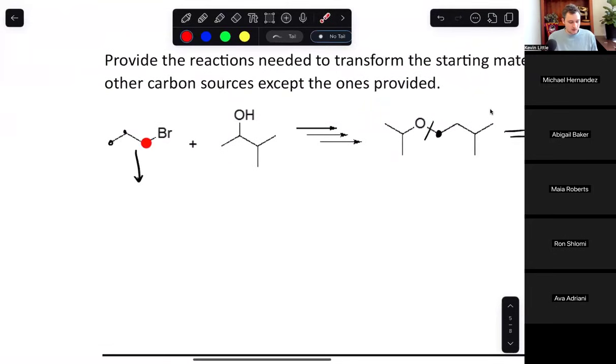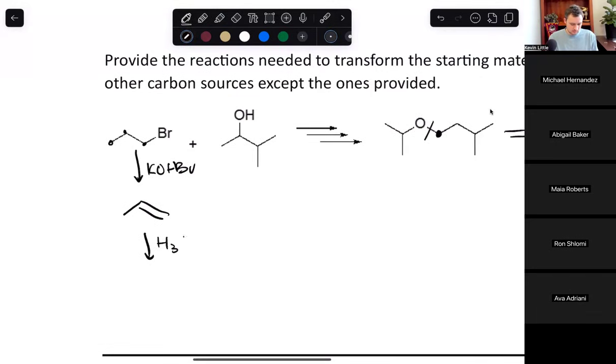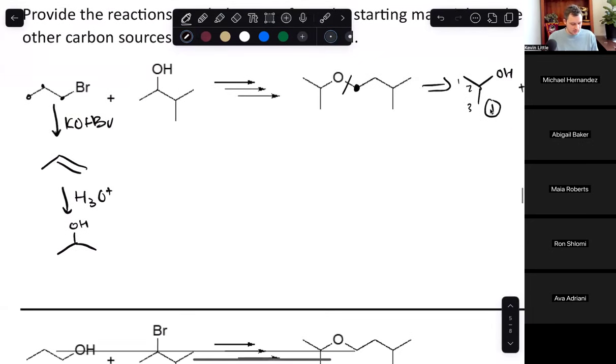Right now, I've got a Br on the end carbon. So in order to move the heteroatom, I have to first eliminate it. In this case, I need a bulky base since it's a primary leaving group. And then I need to add an OH to the middle carbon. So that's a Markovnikov OH. I can use H3O plus here. So that gets me to my first piece, piece 1.